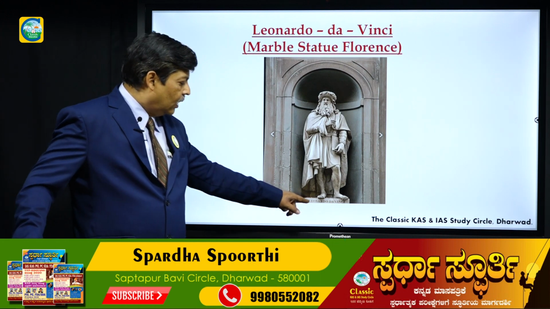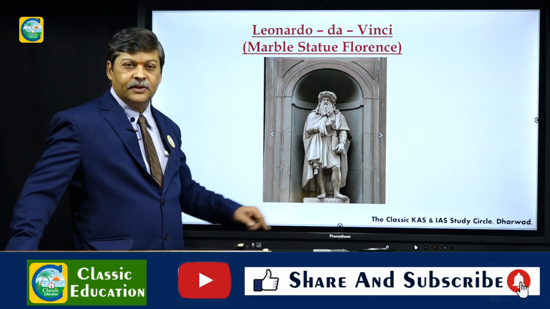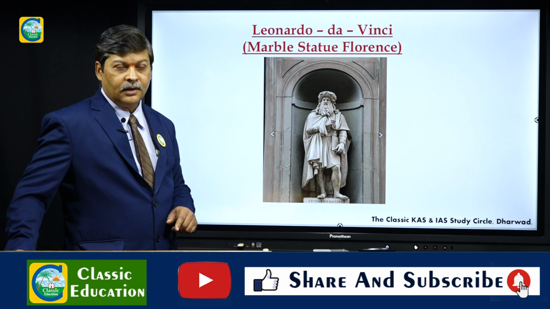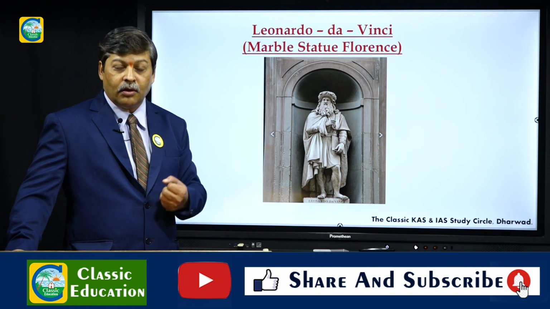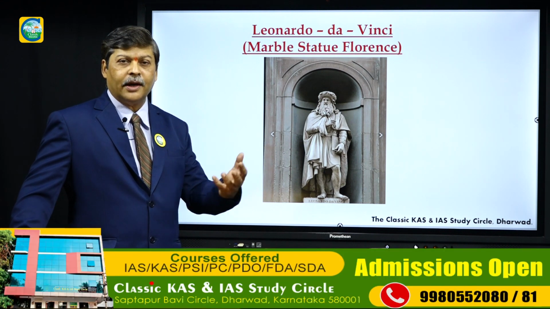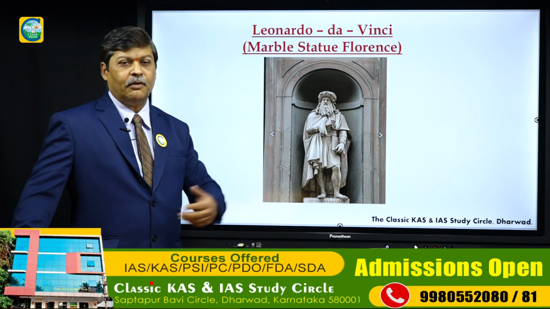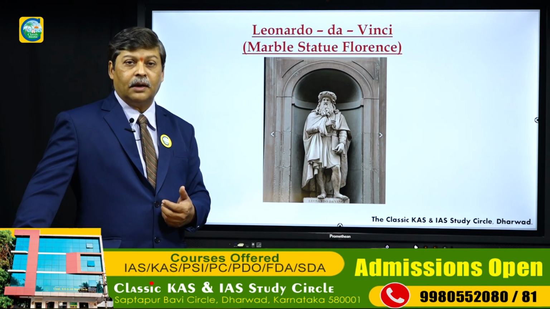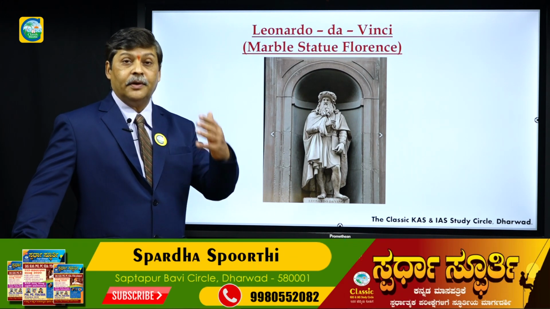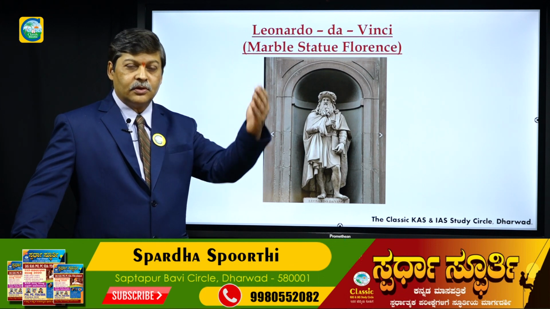You can see the name Leonardo da Vinci is written there. In the marble statue, you can see the facial expression; even in icon making, beautiful icons were made during the time of Renaissance. And one of the greatest sculptors we have is Michelangelo. Along with being a painter, he was also a great sculptor.